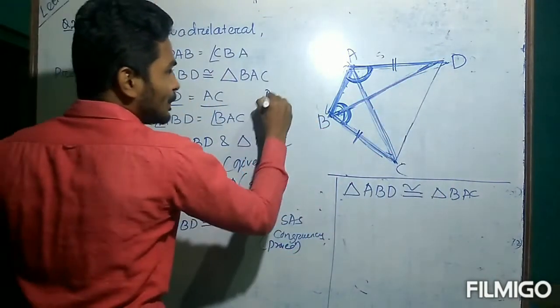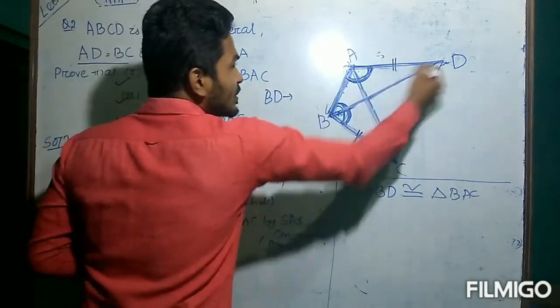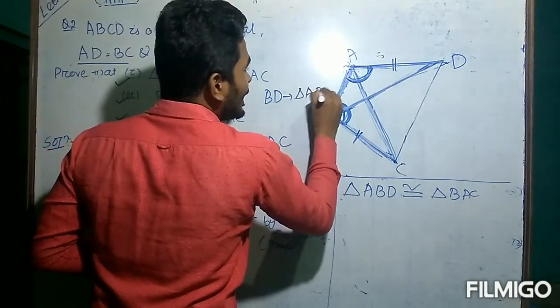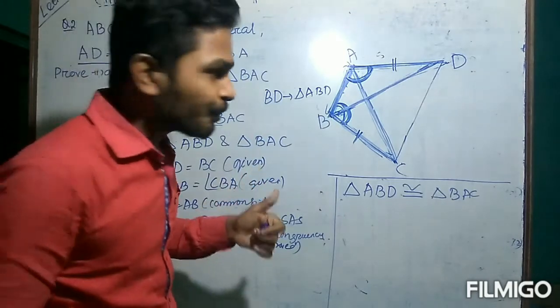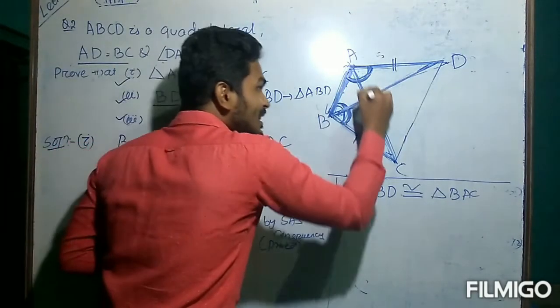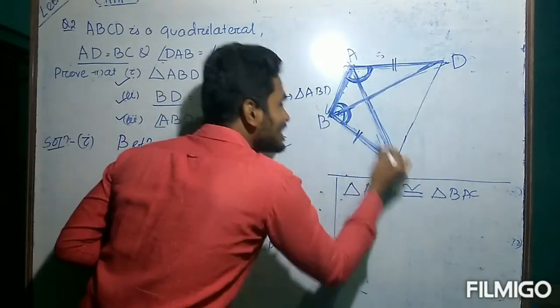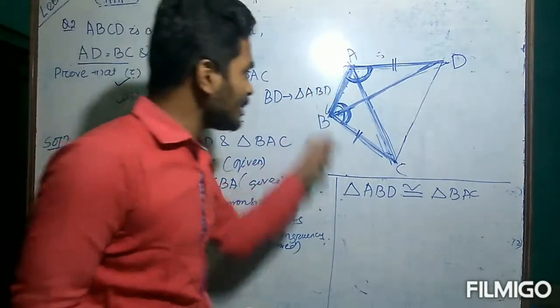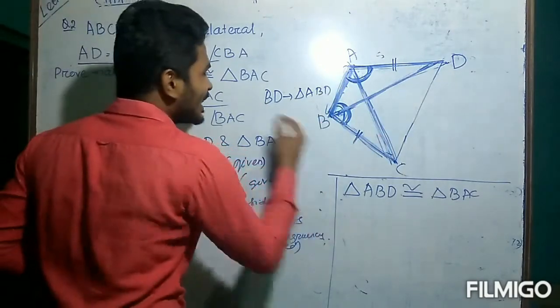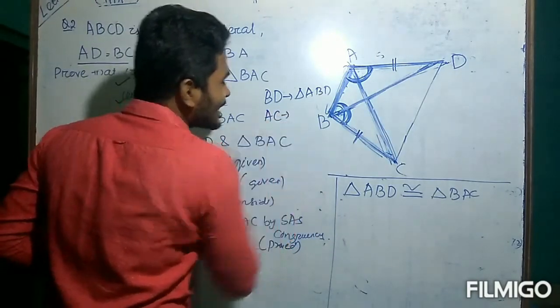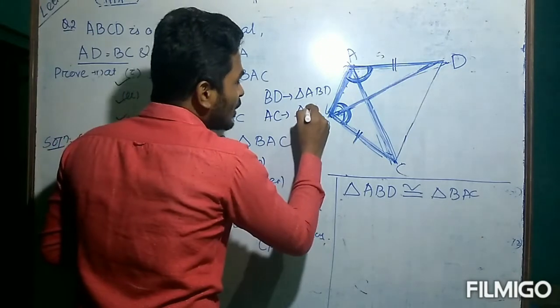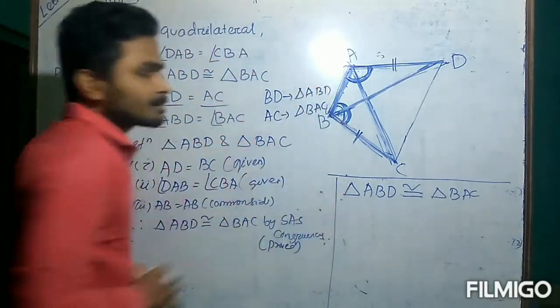Yes. So BD is a side of which triangle? Triangle ABD. It is clear? And if we consider this triangle, then AC is a side of this triangle. Which triangle? ABC triangle, or you can say BAC triangle.